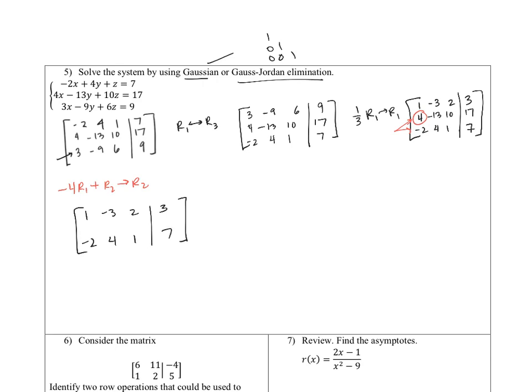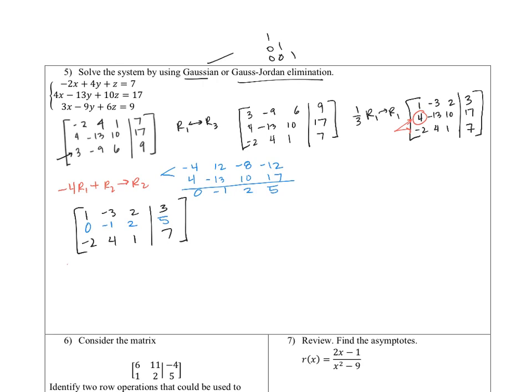And for my second row, I'll write my work down here. Negative 4 times row 1 is negative 4, positive 12, negative 8, negative 12. Row 2 is 4, negative 13, 10, and 17. So we'll get 0, negative 1, 2, positive 5.